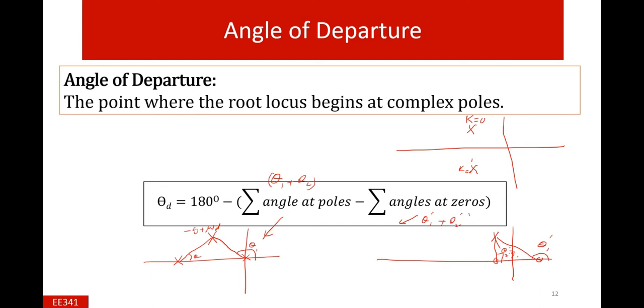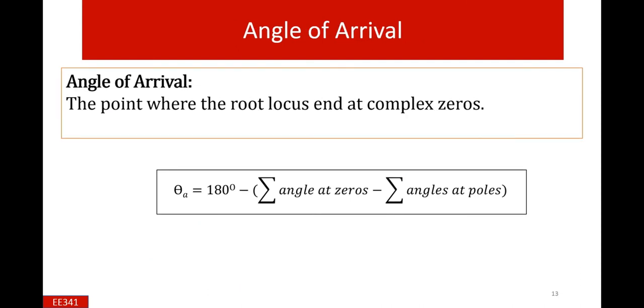So this is the way to calculate the sum of the angles due to the zeros for that complex pole, and similarly due to the other poles, and taking the difference of these and then subtracting from 180.